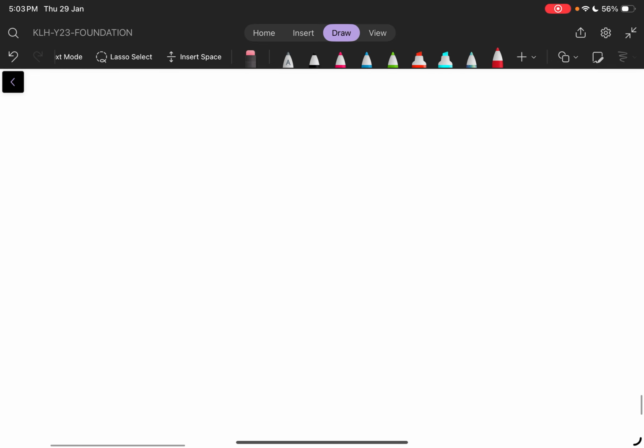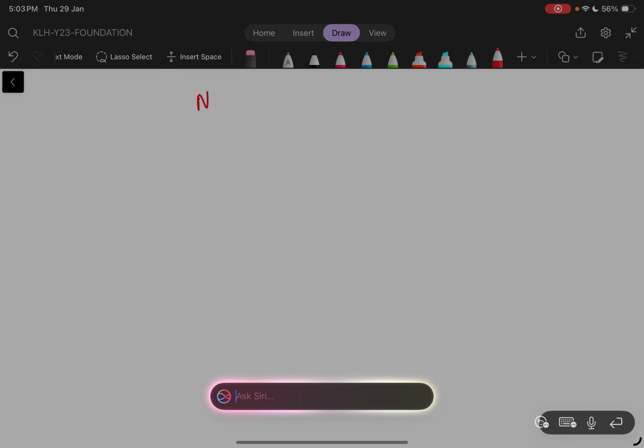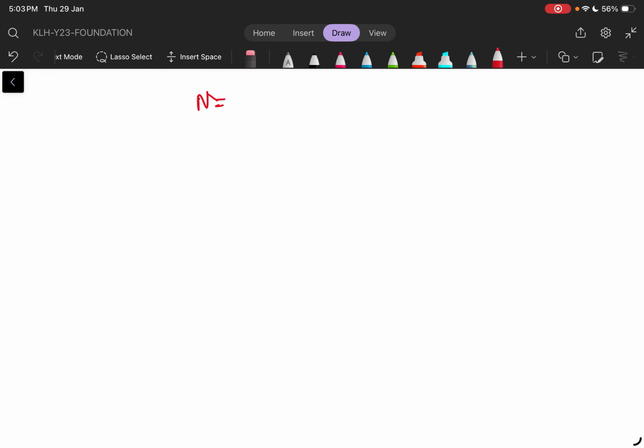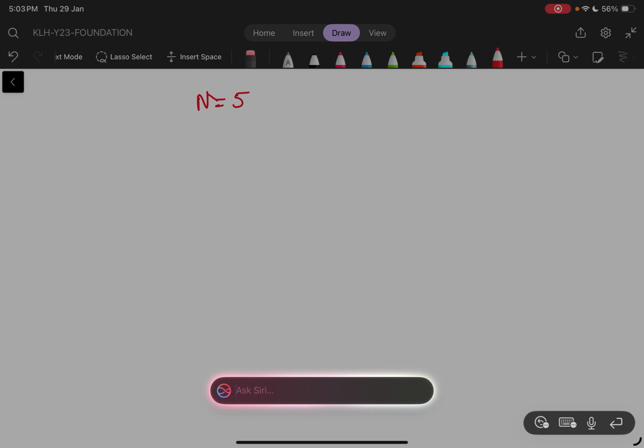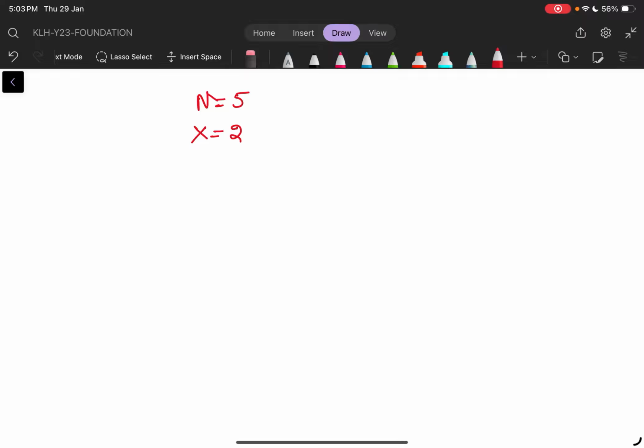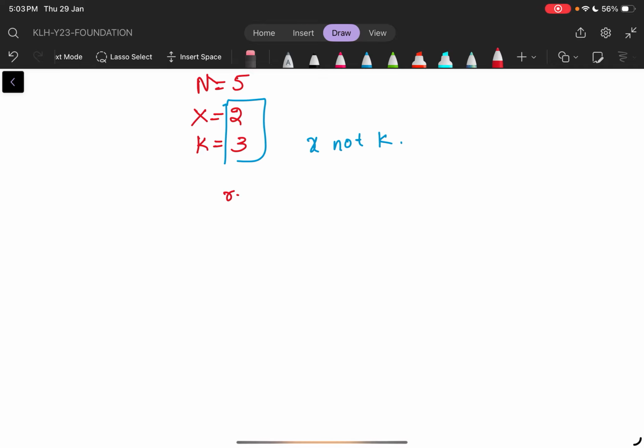We'll take another example here. The total number of students is 5 and 2 students are willing to go. The bus capacity is 3. Here, as already discussed, x is not divisible by k. We can find the remaining students by the formula x mod k, which is 2 mod 3, which is 2.